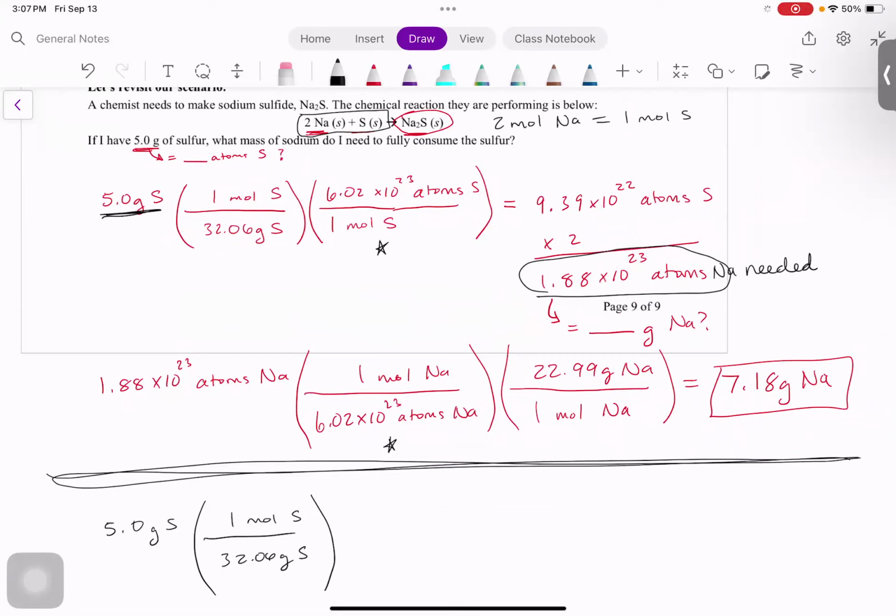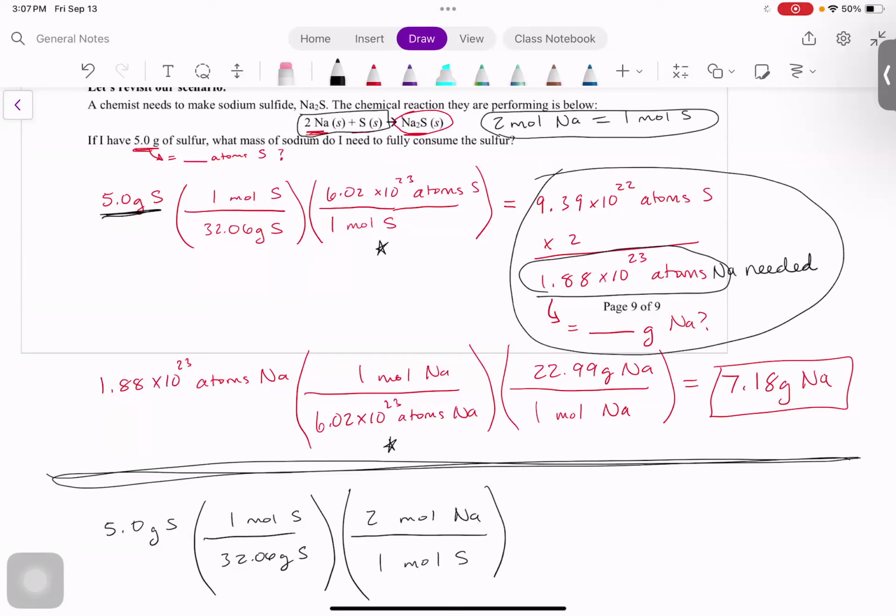So 2 moles of sulfur, again, it's like saying 2 dozen atoms. 2 times 6.02 times 10 to the 23rd atoms of sodium, I need that many atoms for every 1 mole of sulfur atoms. So I can use this relationship here as my next conversion. 1 mole of sulfur will react with 2 moles of sodium. That's this step that we did here, multiplying by 2. We're multiplying by 2 here, but we're doing it as a quick conversion.